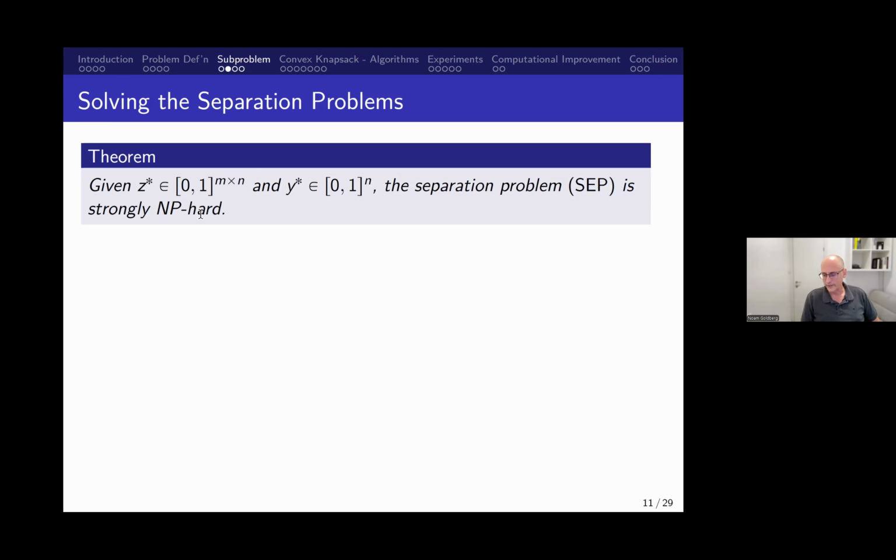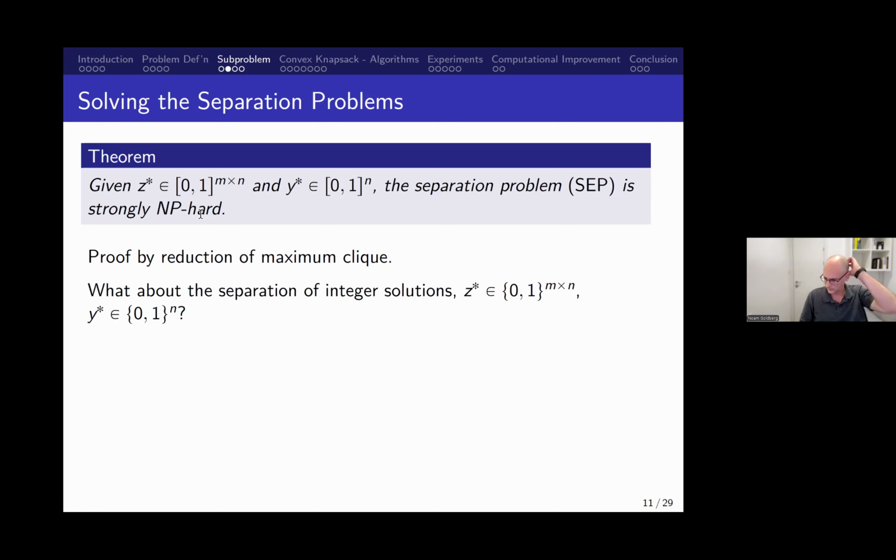Probably should have shown theta star here, but it's less important. Okay, so the reduction is by the maximum clique. So given this result, we're kind of discouraged of trying to solve the fractional separation problem.